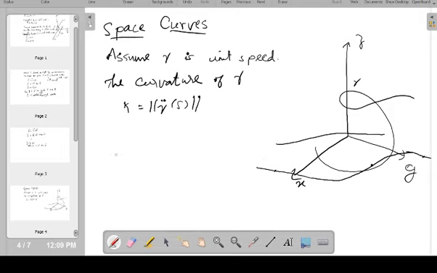So there is another measurement which is important in space curves, which is called torsion.